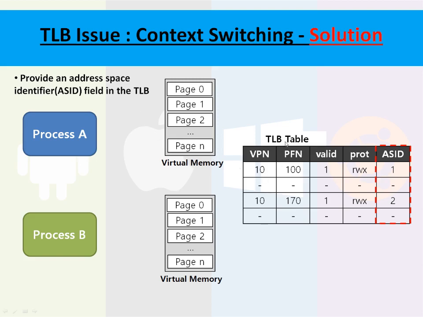Now in the TLB we have the VPN of 10 from process A, mapped to page frame number 100, and its ASID is 1, indicating process 1, or process A in this case. The ASID for the other TLB entry is 2 for process B. So we just add an additional field that allows us to uniquely identify between these two entries.